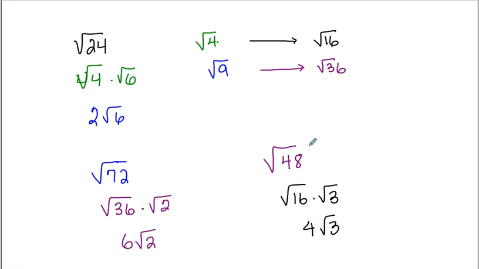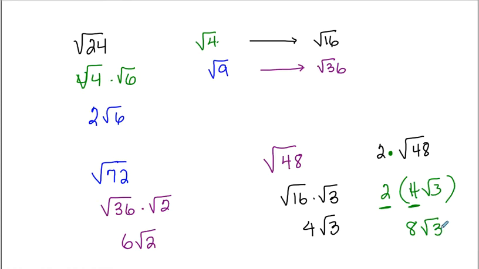Now what if I took that root 48 and I put the number 2 in front of it? If the number 2 is in front of it, it is being multiplied, even if that multiplication symbol is not there. So if I simplify this 48 into 4 root 3, I actually have to multiply the real parts, and the real parts are the 2 and the 4. That would give me 8 root 3.